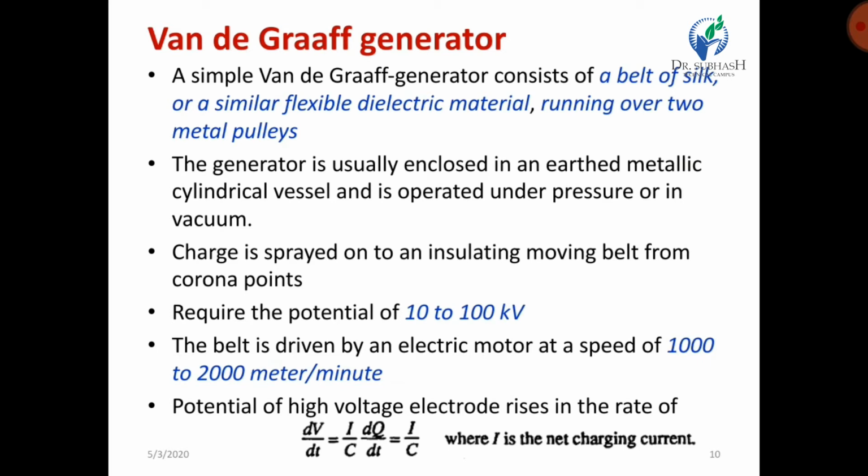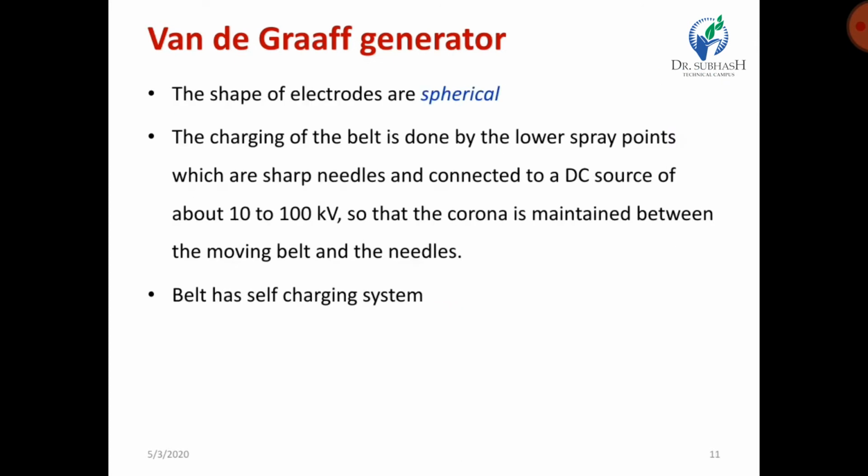Potential of a high voltage electrode rises at the rate of dV/dt = I/C, that is, (1/C) dq/dt, where I is the charging current. The shape of the electrodes is spherical, as we have seen in the construction.